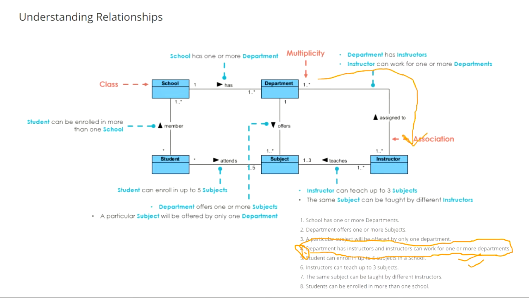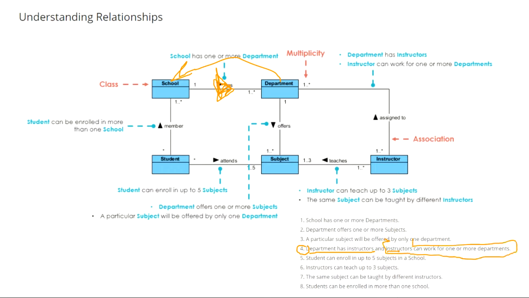So that is what I was saying earlier, that if there is an arrow like this, then you can read it from here to here also, but it doesn't make sense like this statement. Just tell me one thing, read the fourth point again. Department has instructors, that is fine; instructors can work for one or more departments. Instructors are assigned to one or more than one department.